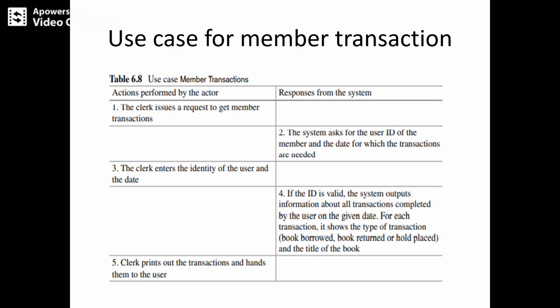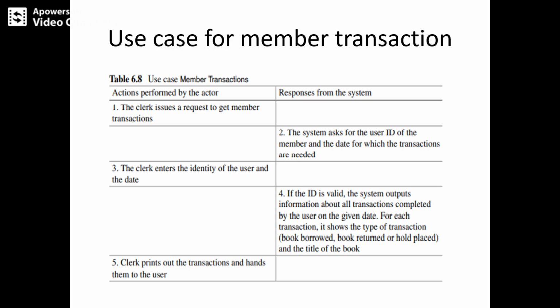For each transaction it shows the type of transaction, whether a book was borrowed or returned, or a hold was placed, along with the book ID, and the author or title of the book.